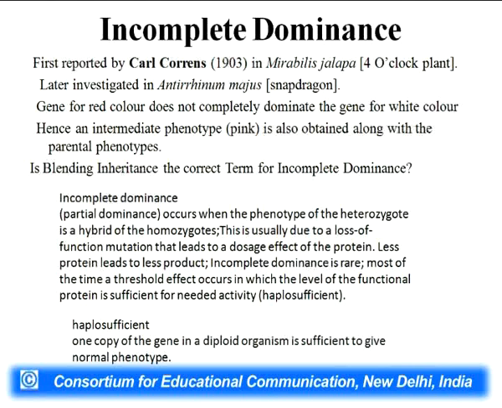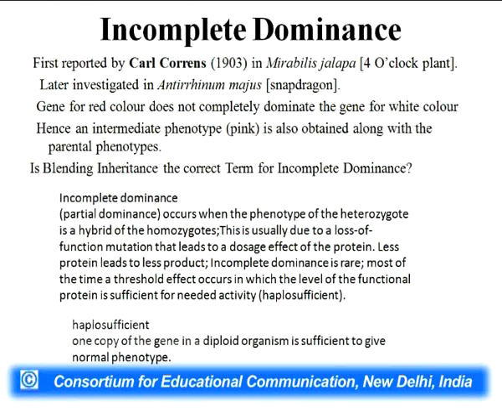And very famous experiments of Carl Correns on Mirabilis jalapa suggested that if a plant with red flowers is crossed with a plant with white flowers, we get pink flowers. We should have got red flowers, because the principle of dominance suggested that the red is dominant over white, but we had an intermediate phenotype.